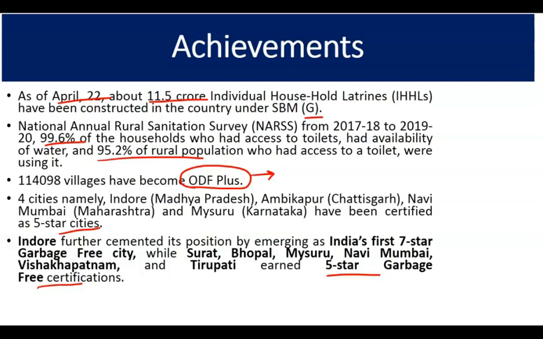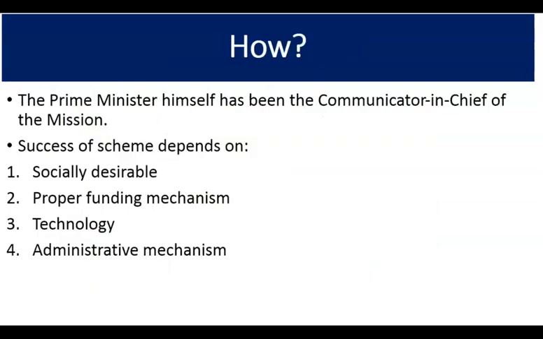Now the question arises: what are the reasons for its success when compared with the previous schemes? In the last video, we studied a few parameters that make a scheme successful. First is socially desirable. The Swachh Bharat Abhiyan worked on community participation so that the benefits can reach many people, and it should be accepted by the people because it mainly works for sanitation.